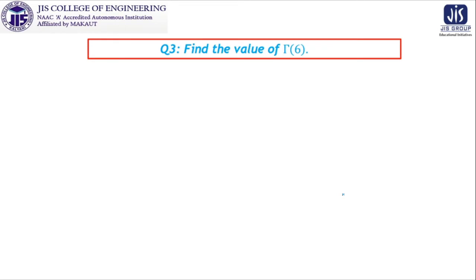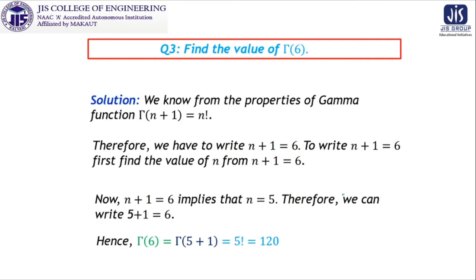gamma 6. Now 6 is a positive integer, that is why we have the clue that we can use the property of gamma function, that gamma n plus 1 is n factorial if n is a positive integer. So if n plus 1 is compared with 6, then obviously we get the value of n equal to 5.